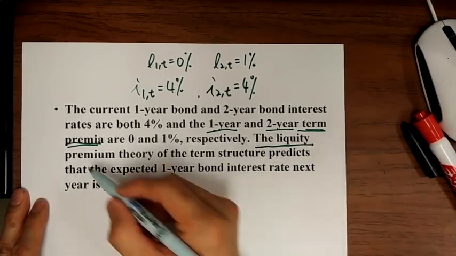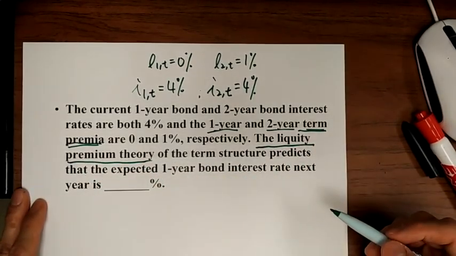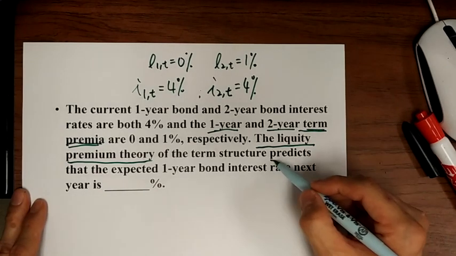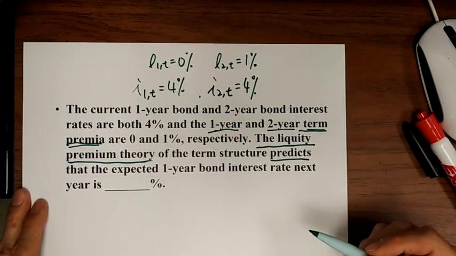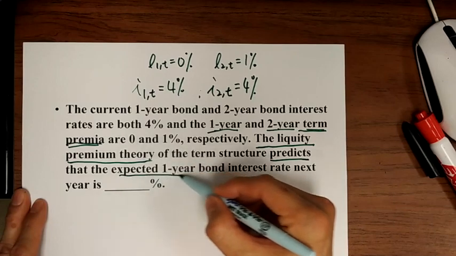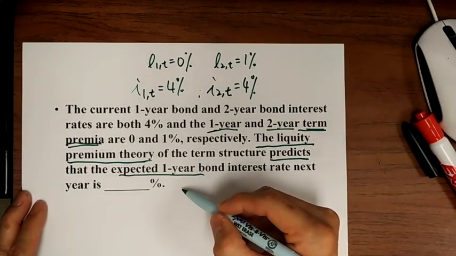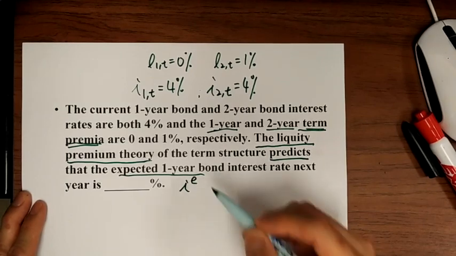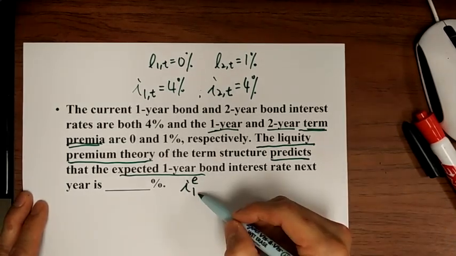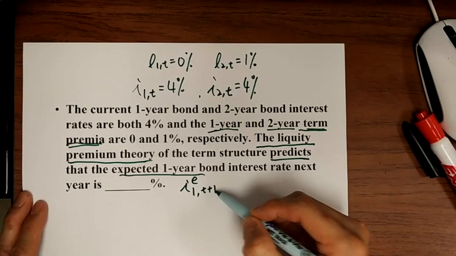Then the liquidity premium theory predicts the expected 1-year bond interest rate next year. So what is it asking for? The expected 1-year bond interest rate next year.